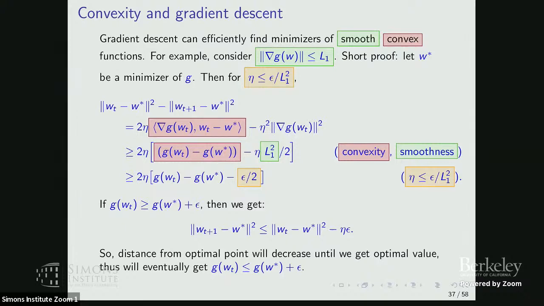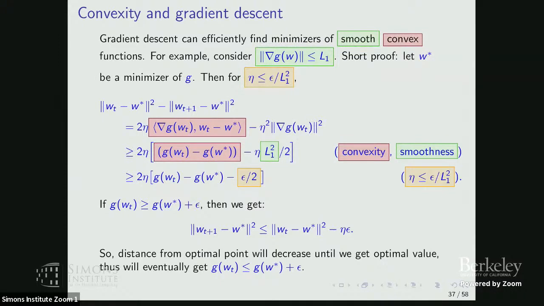If we use the definition of convexity, that allows us to bound from below this inner product term by the gap between the function value at time t and the optimal function value g of W star. If we use smoothness, we can bound the gradient norm by L1, so we're left with an L1 squared. And since we're using a small step size, we can make this eta L1 squared smaller than epsilon.